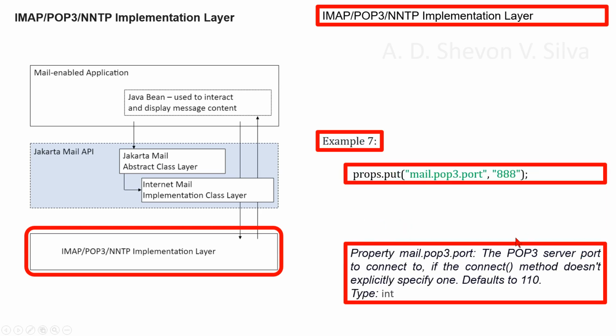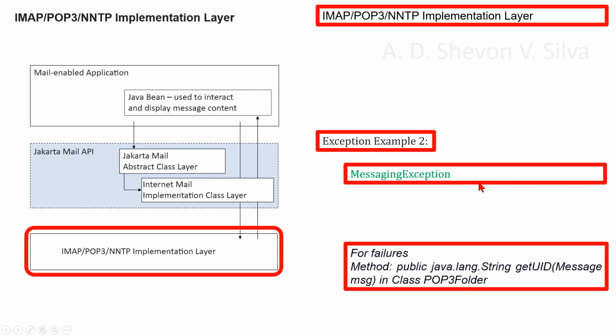As an example 3, we can consider this code segment. Here property mail.pop3.port, the POP3 server port to connect to if the connect method doesn't explicitly specify one. Defaults to 110. The type of this property is int.